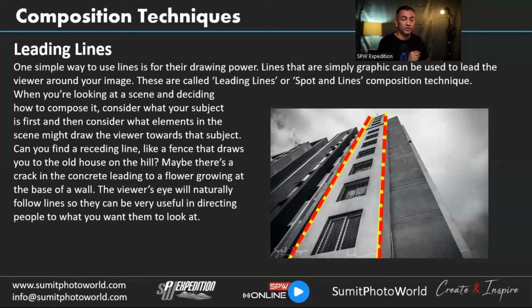So we can break the rule of thirds, but even here the line starts from the rule of thirds intersection points. If you divide this frame by the rule of thirds, this line also passes through the intersection points. So that's how we utilize leading lines.